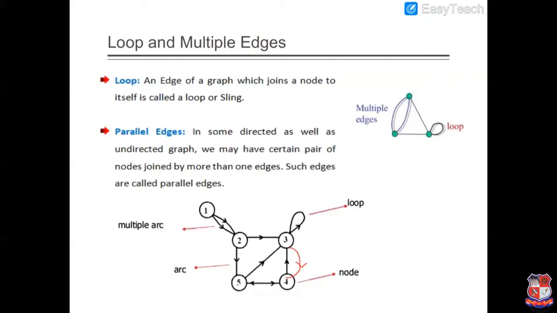While between vertex 1 and 2, both the edges have the same direction. Therefore, these two edges are said to be multiple edges or multiple arcs.